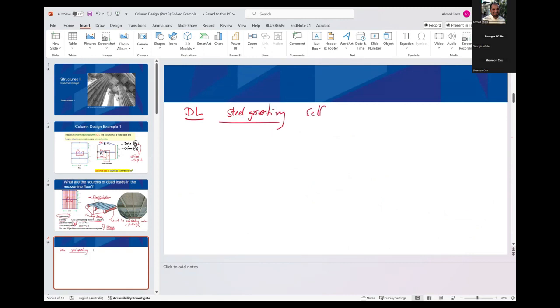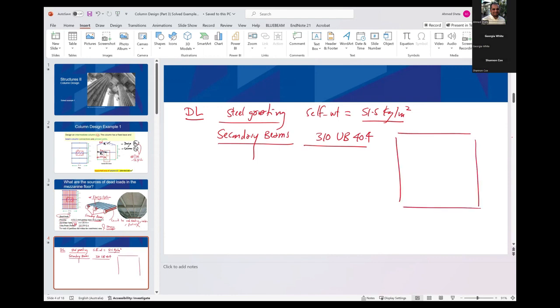The self weight of this one is equal to 51.5 kilogram per square meter. The secondary beams are 310 UB 40.4, for example.